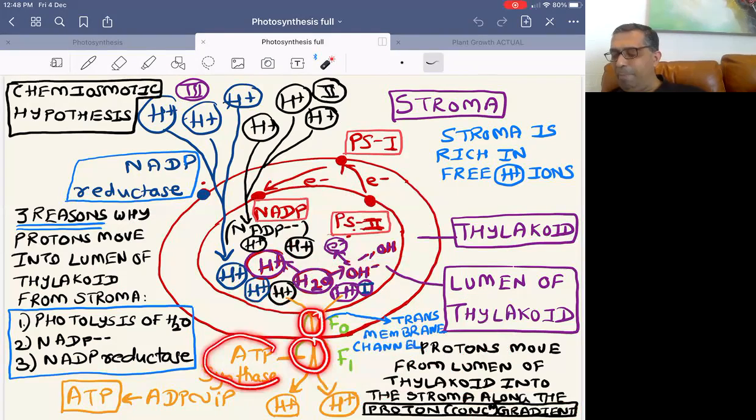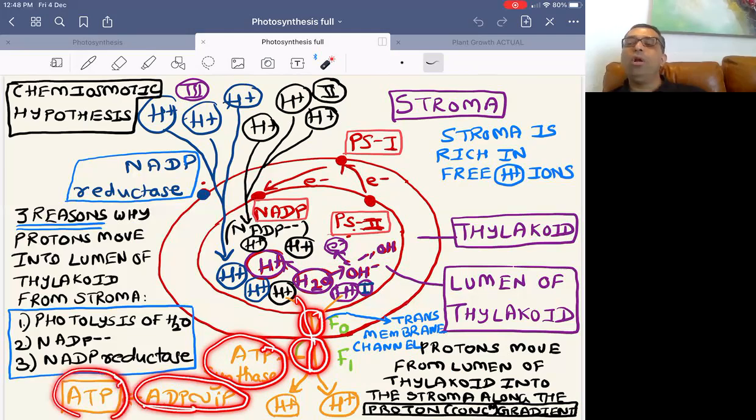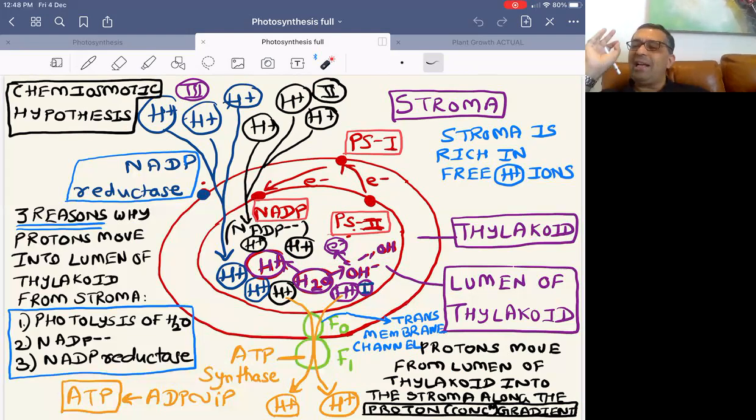F1 has in it ATP synthase, which takes the kinetic energy of the movement of protons and combines it with ADP and IP to form a molecule of ATP. Beautiful. What is this phenomenon called? Chemiosmotic hypothesis. Excellent logic. I hope you've understood this. Beautiful point. Chalo, remember this. We have now analyzed the concept of chemiosmosis.